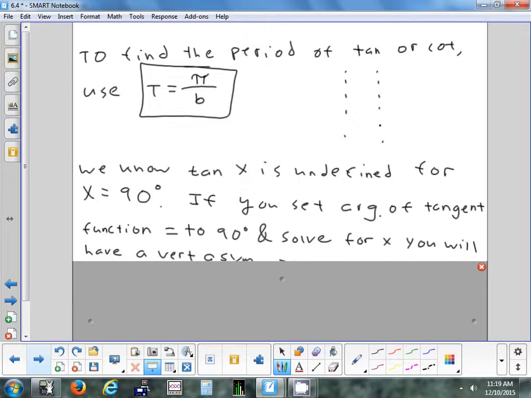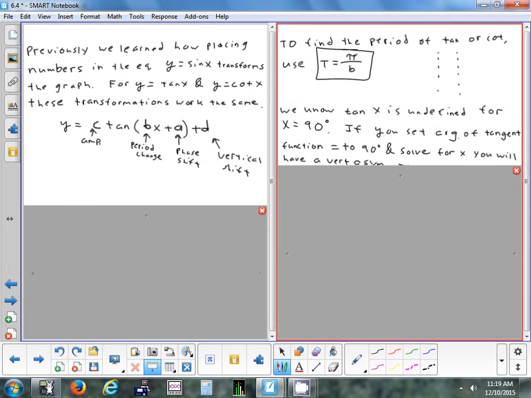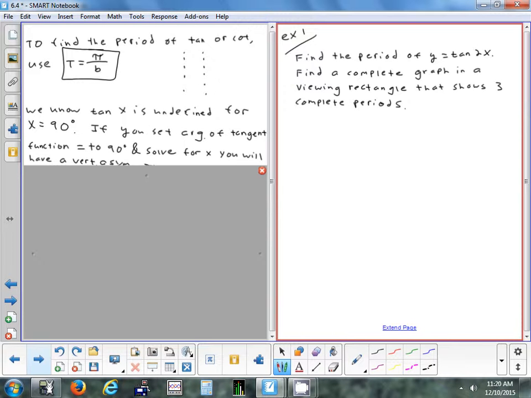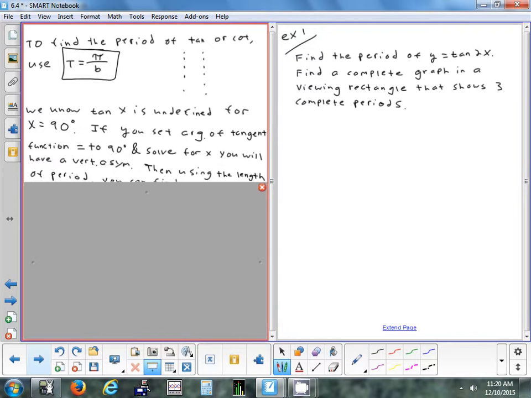So if you take your argument, whatever they give you in the trig function, like tangent 2x, set it equal to 90, and that'll tell you where one of the vertical asymptotes is.